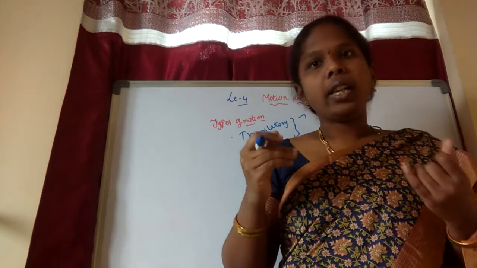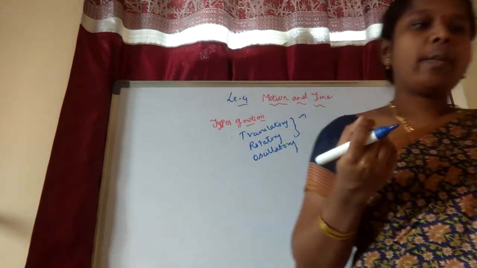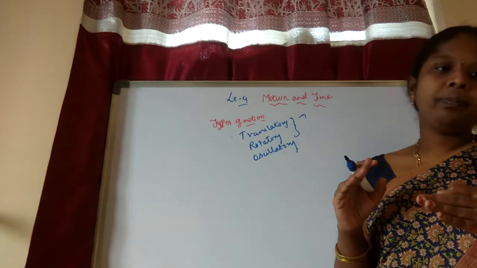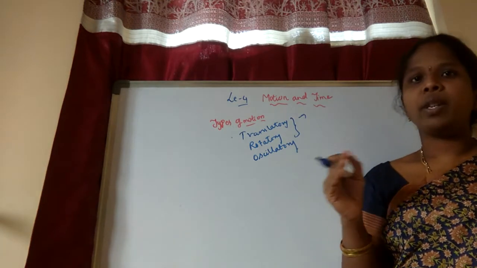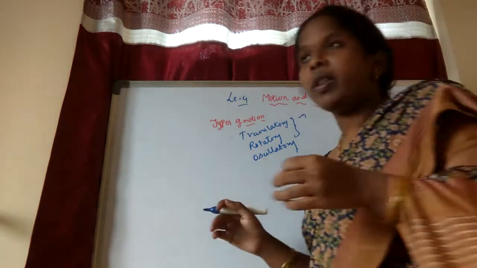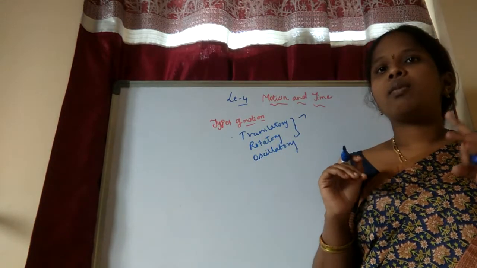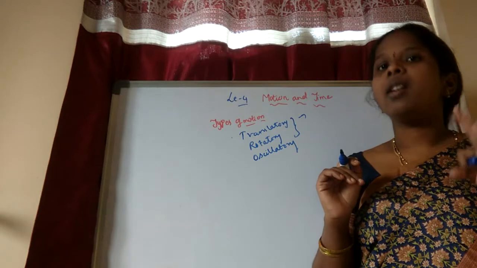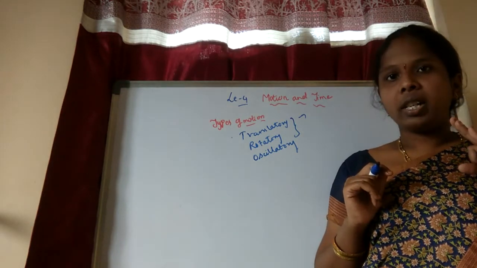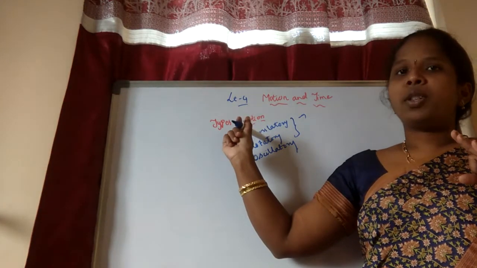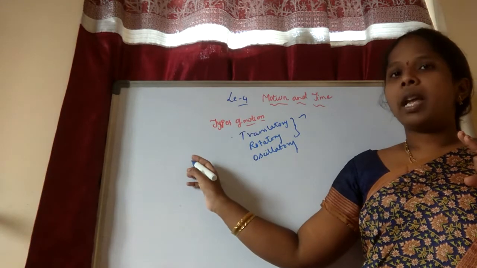So translatory means what? Translatory means if all parts of a moving body move in the direction of motion, then we can say that is a translatory motion. For example, a car is there.